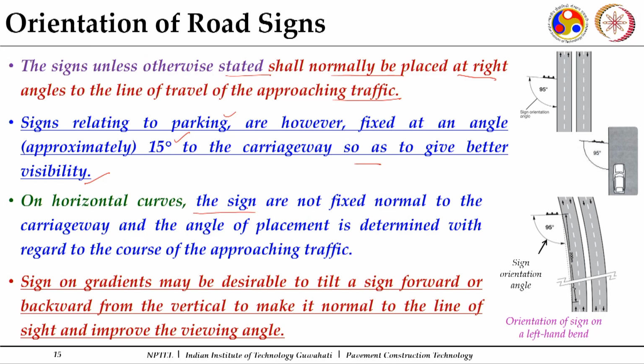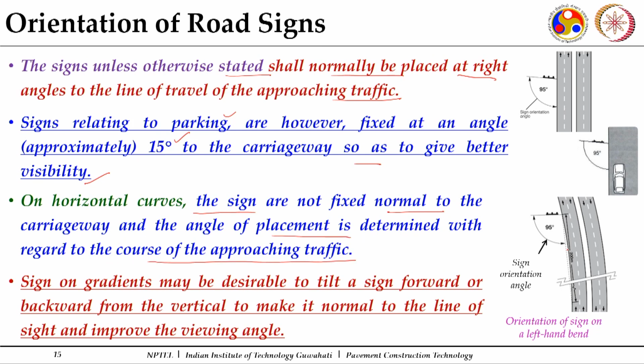On horizontal curves, here you can see the signs are not fixed normal to the carriageway, because this is as per the line of sight of the drivers, and the angle of placement is determined with regard to the course of approaching traffic.